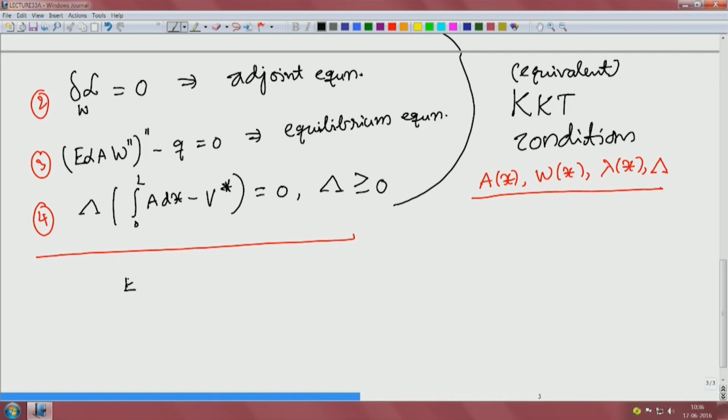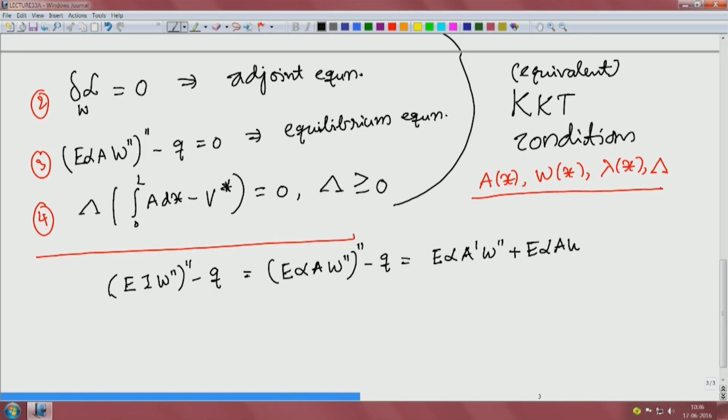So, that E I w double prime minus q, we will first substitute for I, which is alpha times A, w double prime minus q. So, let me expand it once. E alpha into A prime w double prime plus E alpha A into w triple prime, and then one more prime.